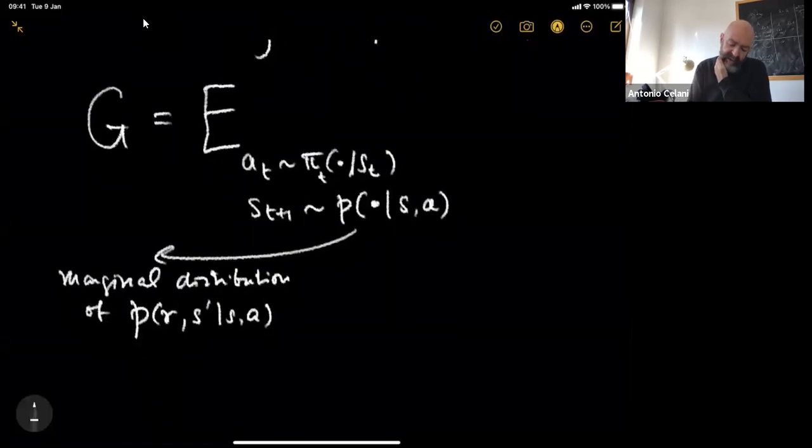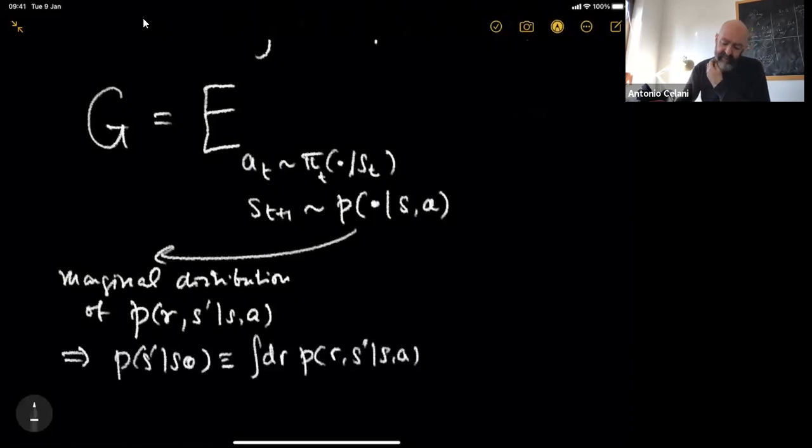What I mean by this is that P(S' | S, A) is defined as the integral over R of P(R, S' | S, A).